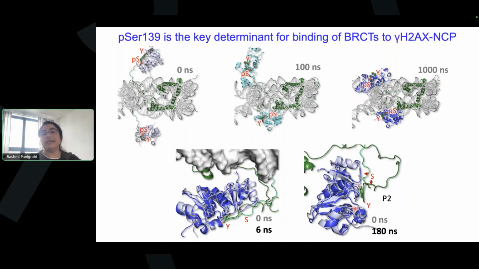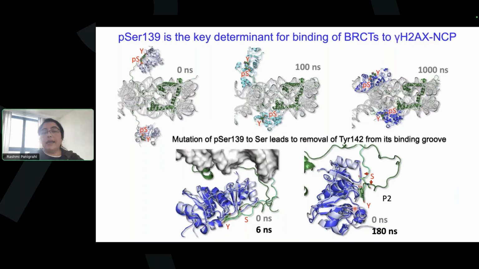The phosphorylation is necessary. And additionally, the lack of phosphorylation on the serine also eventually removes the tyrosine 142 from its hydrophobic binding groove.